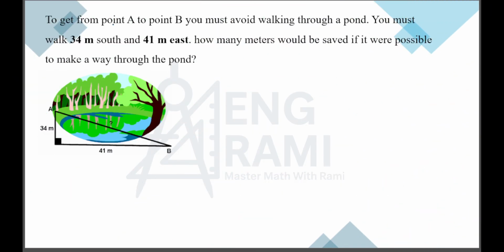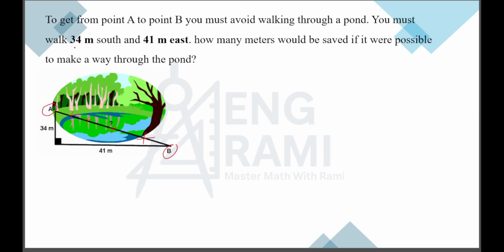To get from point A, here is point A, to point B, here's point B, you must avoid walking through a pond. You see, there is a pond, and you have to walk from here to here. You have to move from point A to point B. It's not allowed to pass through the pond.